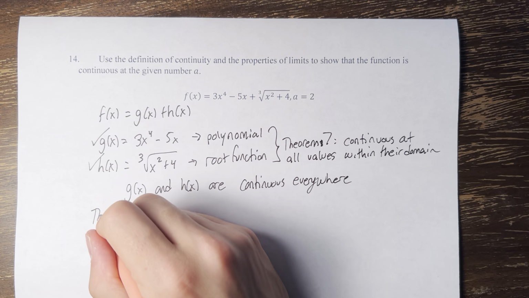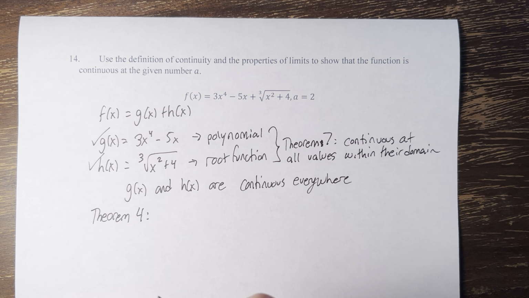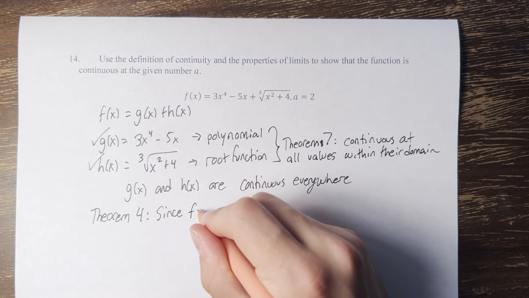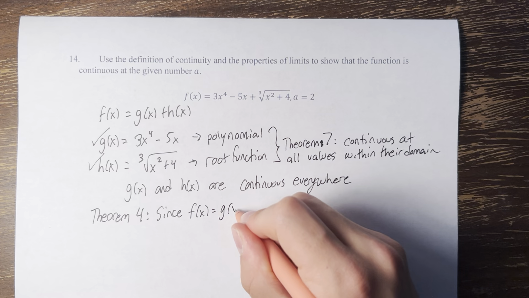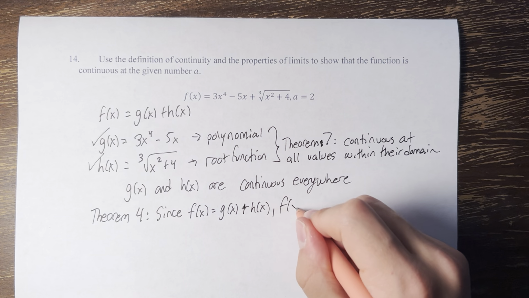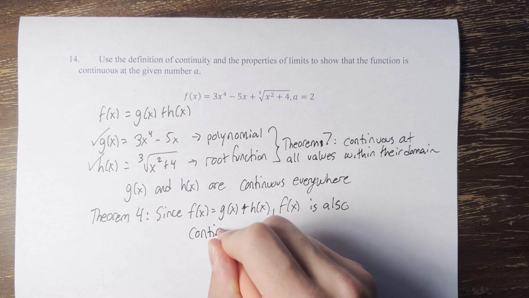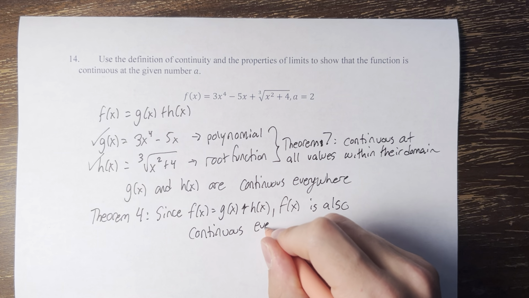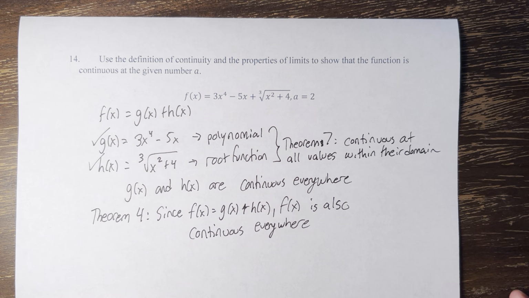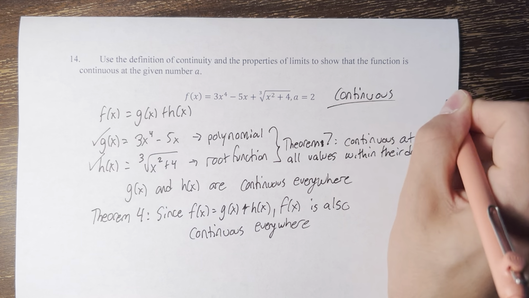And therefore, by Theorem 4, since f of x equals g of x plus h of x, f of x is also continuous everywhere. Therefore, at a equals 2, just like for any other value of a, the function is continuous.